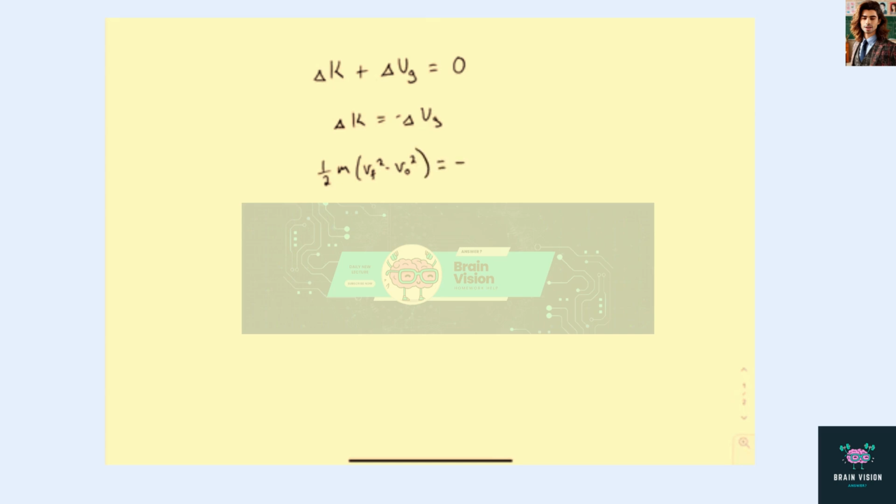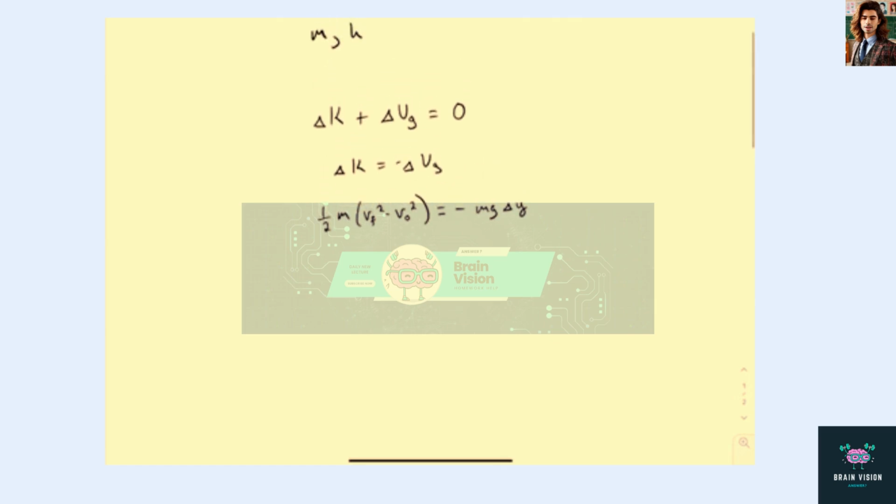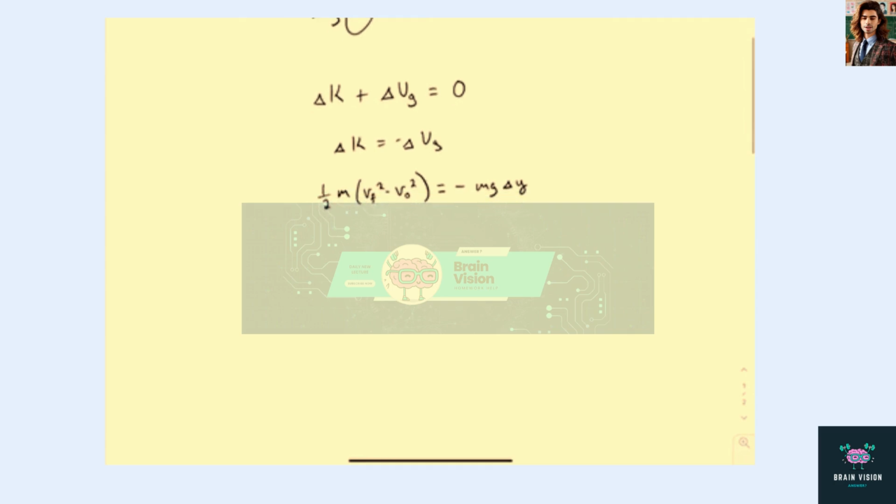And then the change in potential, well, it's mg times the change in the y position. You can write h or y, but since we have h given, I'm going to substitute that in when we get there. So this is really minus mg times y final minus y initial.